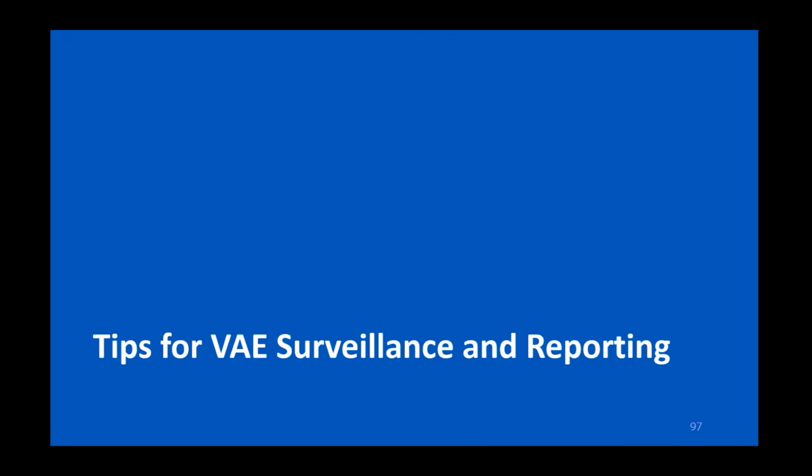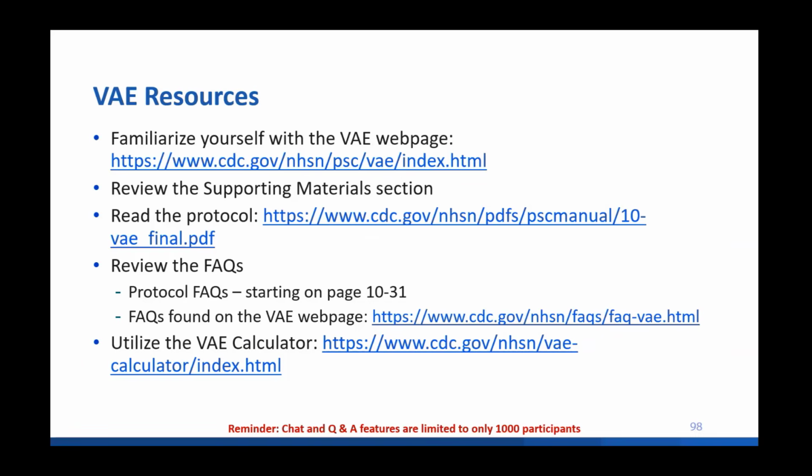All right, that was a lot of information, but now that we've covered the VAE key terms and the algorithm, I'm going to go over some additional tips for VAE surveillance and reporting. Prior to performing VAE surveillance, it's important to familiarize yourself with the following VAE resources that we went over earlier in the presentation, including the VAE webpage, supporting materials, the VAE protocol, and the FAQs.